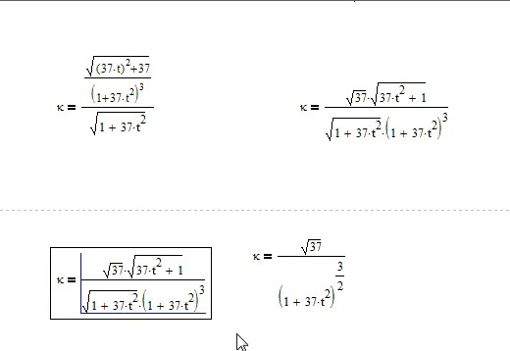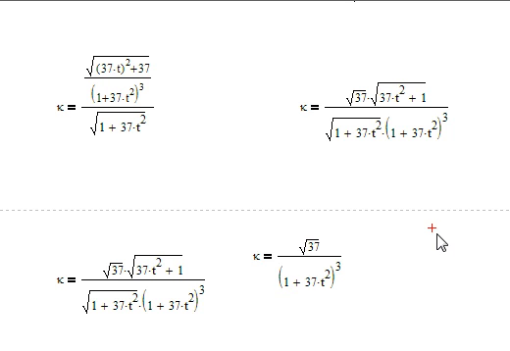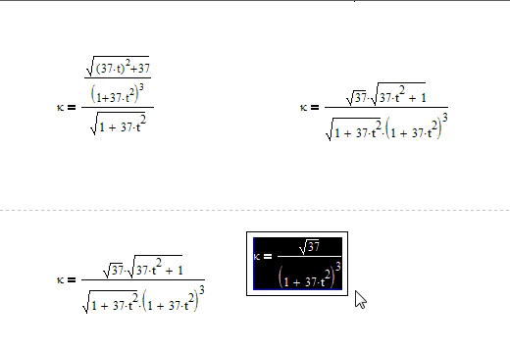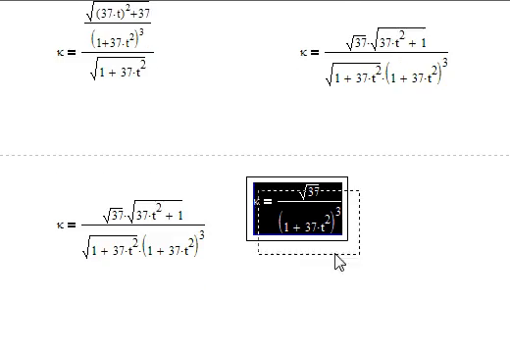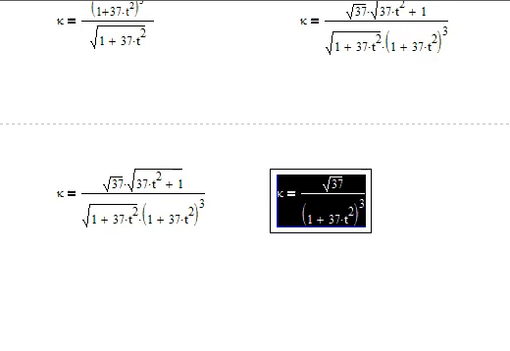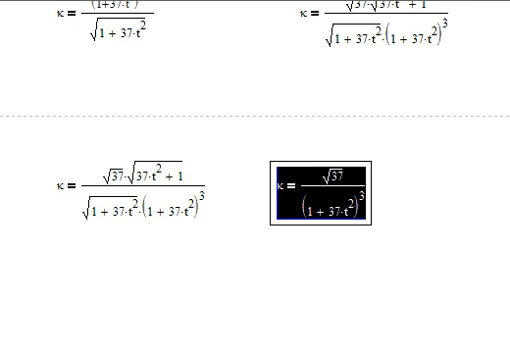Well, actually, why don't I just say this? This square root of 37t squared plus 1, this square root of 1 plus 37t squared cancels out. And if I can get rid of this 2 here, that's it. This is our curvature function. Wowie. That was a bit on the ugly side, but there it is.